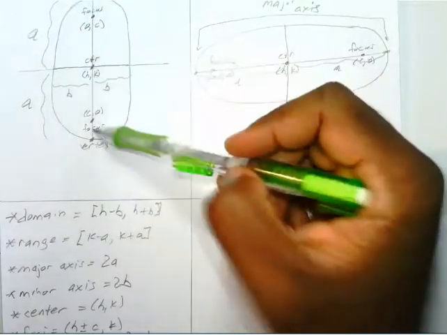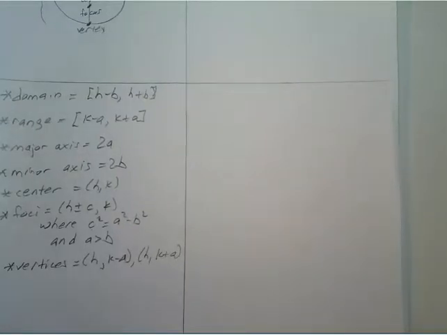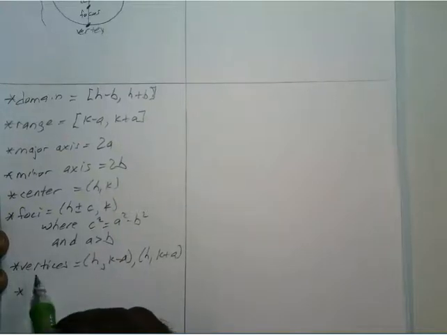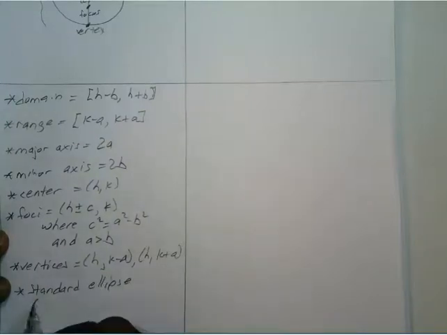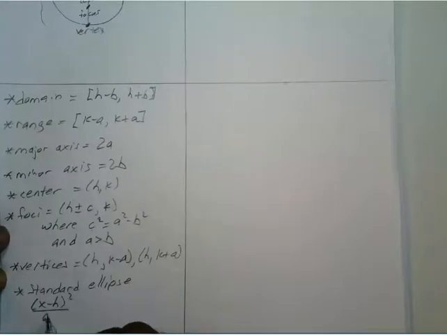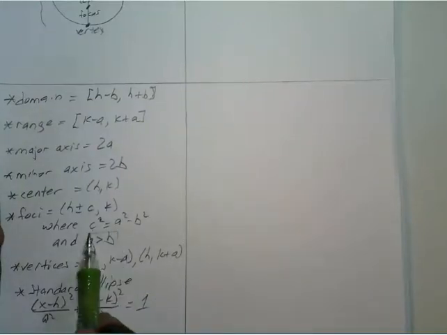So plus a and minus a. All right, so if you have a standard ellipse, that would be (x minus h) squared over a squared plus (y minus k) squared over b squared equals 1. Of course, where a is greater than b.